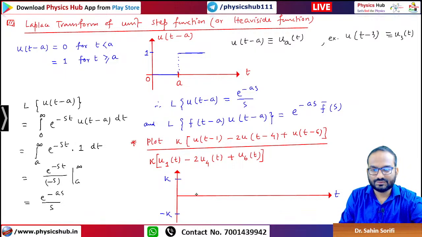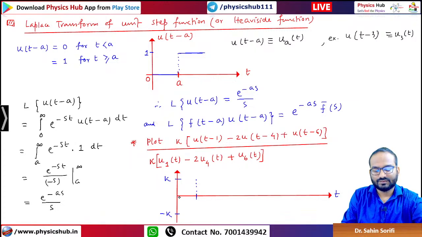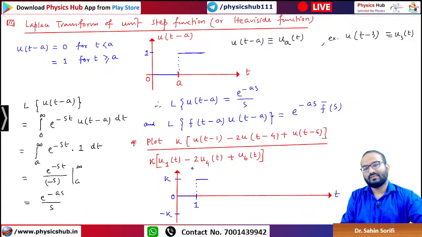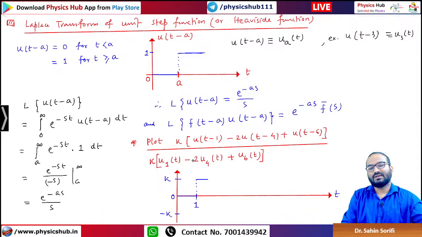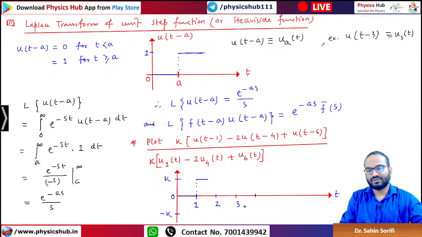Beyond t equals 1, it should give you 1, right? So from 0 to 1 the value is 0, and once it reaches t equals 1, its value will be 1, like this. But here you see, minus 2 times u4(t) means at t equals 4, so it is 2, 3, 4.